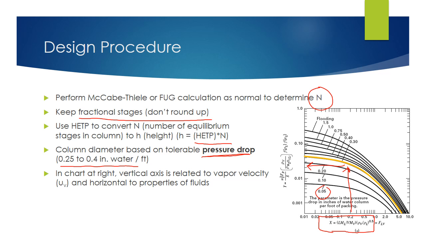And notice that it contains a few other variables, but the most important one is the superficial gas velocity, U sub V. So you can read off from that what the velocity needs to be. So that's one approach. And so once you know that velocity, if you know the total volumetric flow rate, which you can get from the molecular weight and the density of your vapor, you can then use that to calculate the cross-sectional area that's acceptable, and then calculate the diameter of the column.